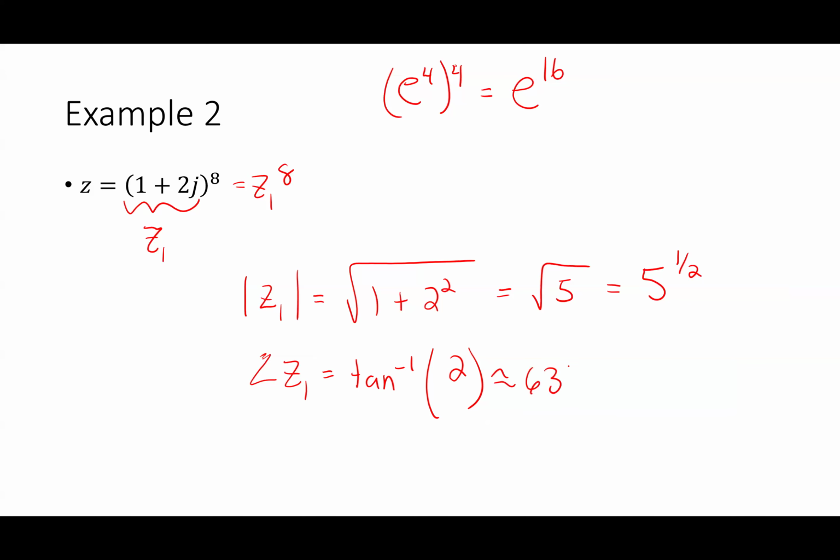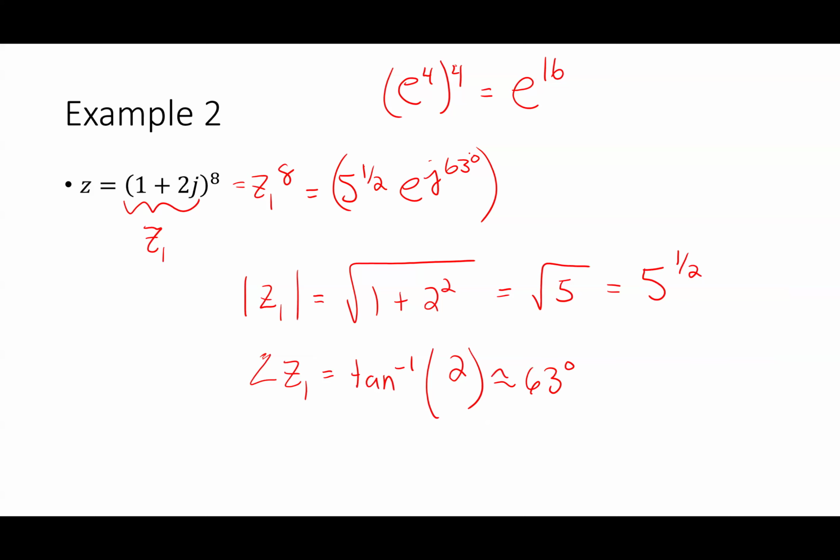Okay. So what do I do here? How do I write this? Z1 to the 8th. Well, I have 5 to the 1/2 power times what? How do I write z1 here? So I got 5 to the 1/2 power is the magnitude, e to the J, 63 degrees. Again, MATLAB wouldn't like exponential J 63. You'd have to change it to radians.